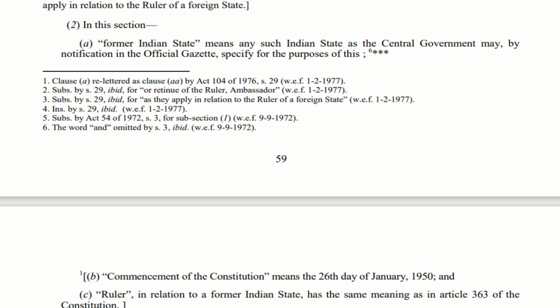To understand this in a simple manner, if the central government is publishing in the official gazette saying that the state of ruler X and the state of ruler Y is to be considered as former Indian state, if such a publication or notification is made in the official gazette, that is considered to be a former Indian state.